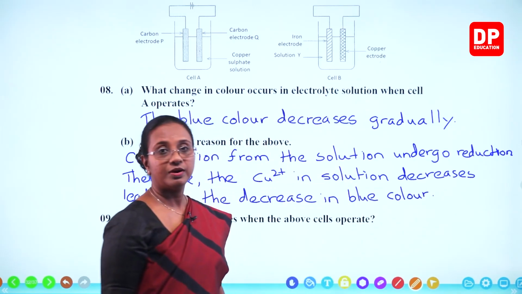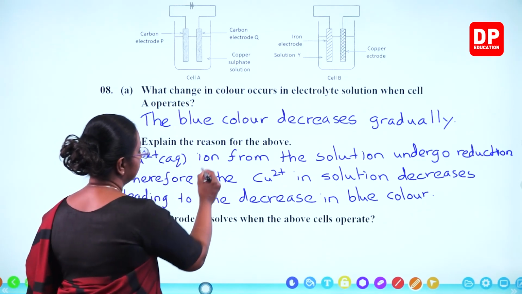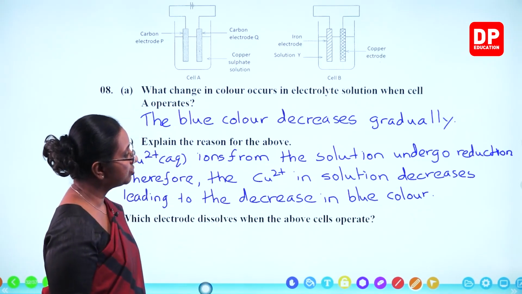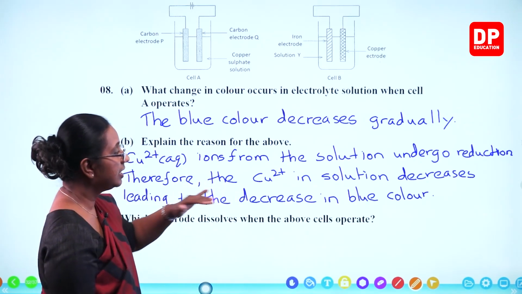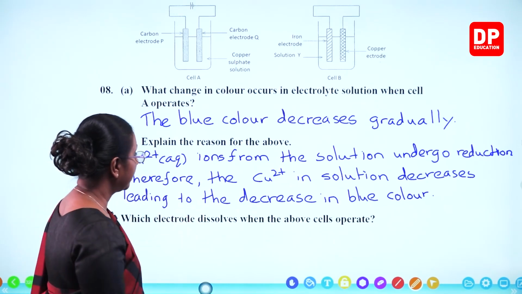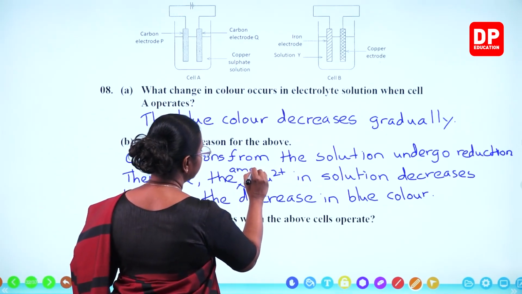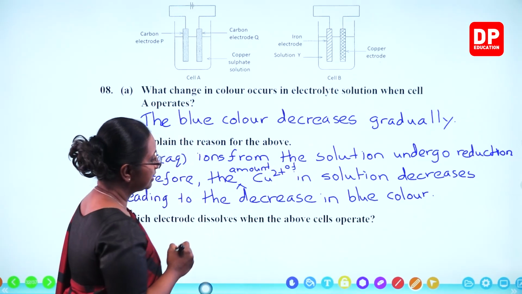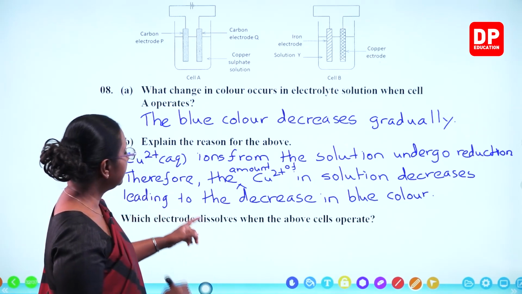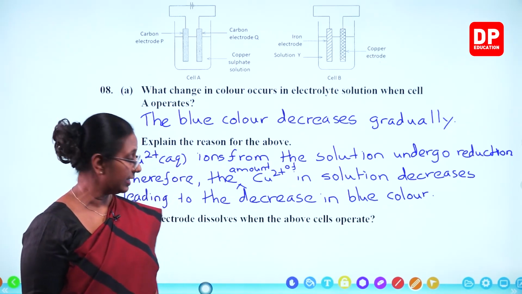So that is what you have to give there. You have to say Cu2+ ions from the solution undergo reduction. Therefore, the Cu2+ in solution decreases. Or we can say the amount of Cu2+ in solution decreases, leading to the decrease in blue color. That is what you have to explain here.